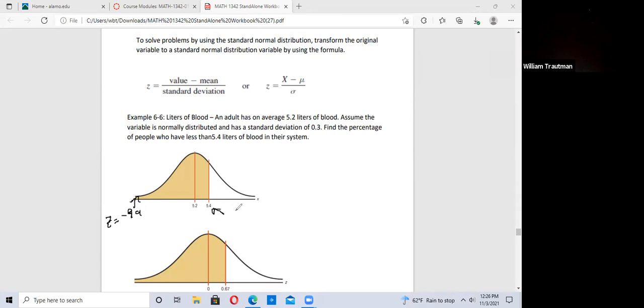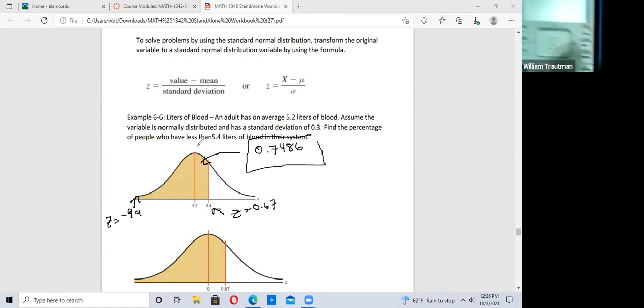And the right side, the Z value equals 0.67. When we did that in our calculator, we got 0.7486, rounded to 4 decimal places. So about 74 to 75% is shaded in. Now, remember this number, 0.7486. There's another way to do this problem, and I'm going to leave it up to you which way you want to do it.